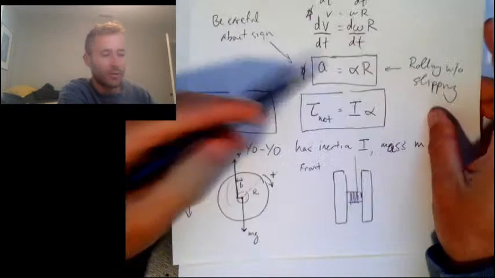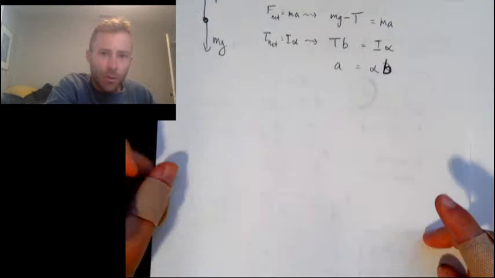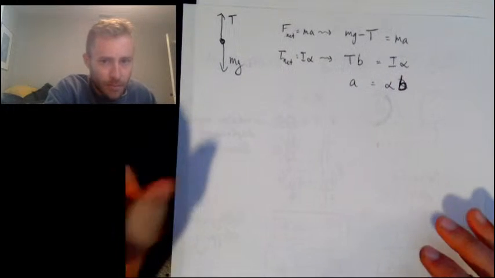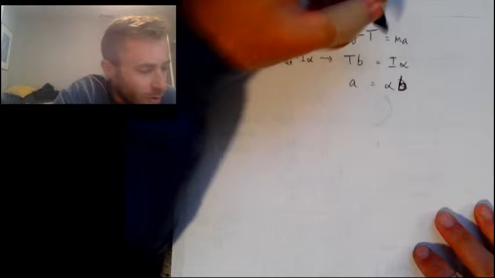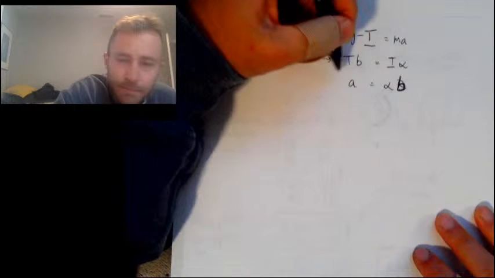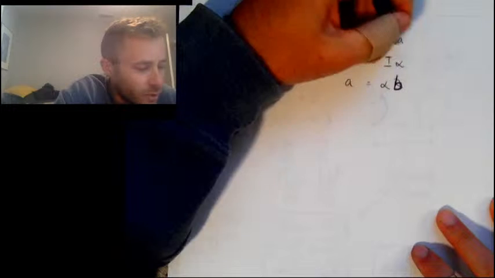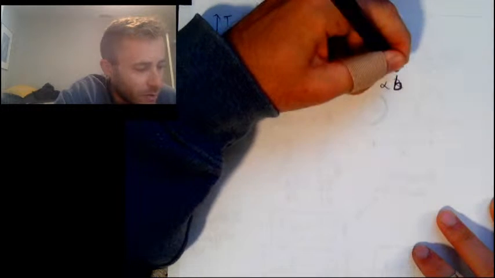So I use that radius in my rolling without slipping equation. So I have three equations. What are my unknowns here? Well, the unknowns are the tension in the string, the linear acceleration, and the angular acceleration.